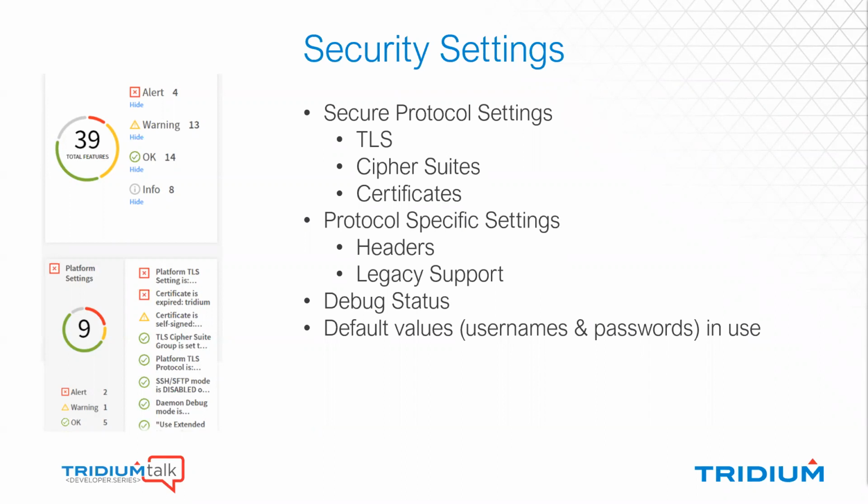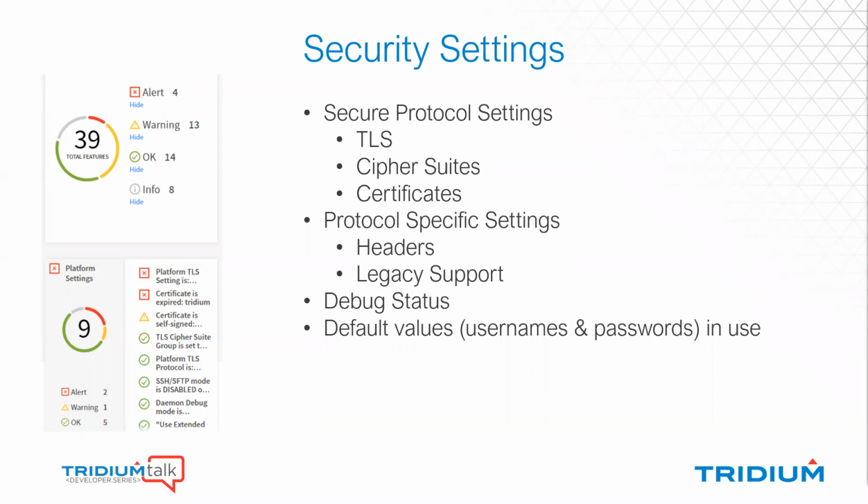It's great to be able to turn that on and get extra information about what's going on under the covers, but that's not something you want to leave on all the time on a running system, as it could lead to some information leakage. So the status of any debug information is a great thing to have on the security dashboard. And any default values that are currently being used, especially around usernames and passwords, definitely want to make note of it on the security dashboard.